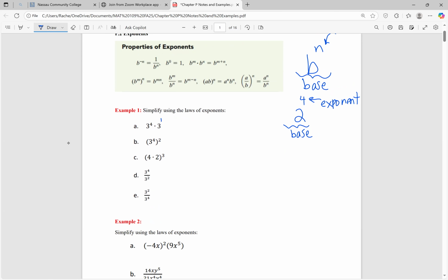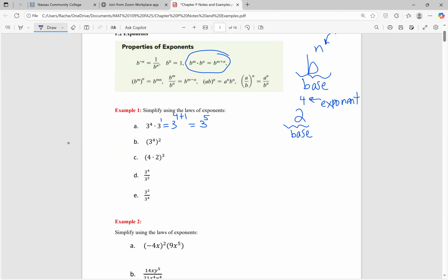Whenever I see a base and there's no exponent written, the assumption is that it's being raised to the first power. So if we use our rules, we're going to have 3 to the 4 plus 1. So we add the powers, and that's going to be 3 to the 5th power.